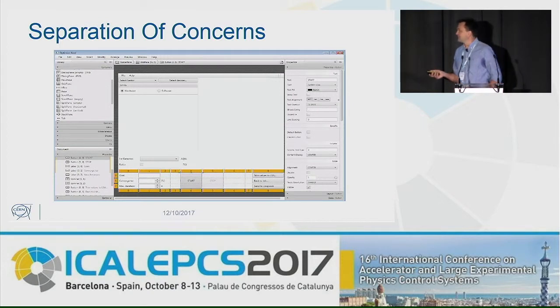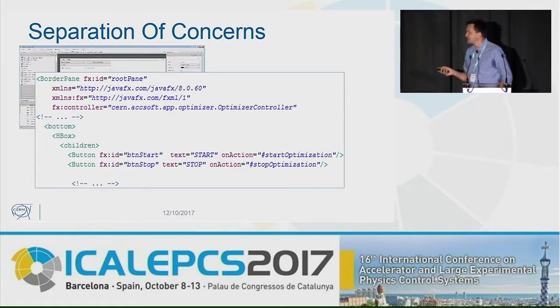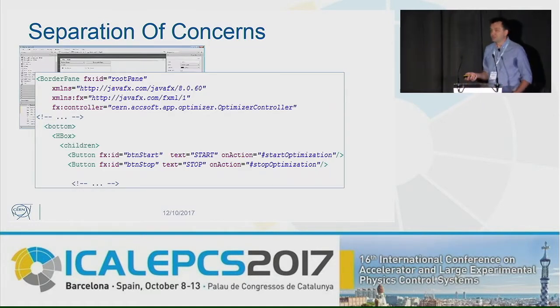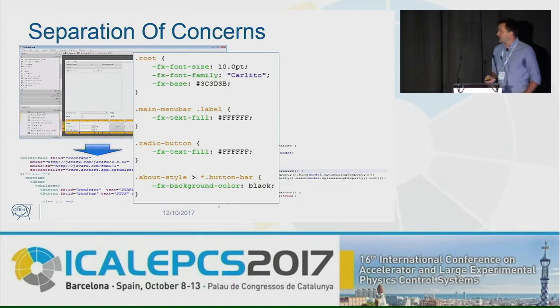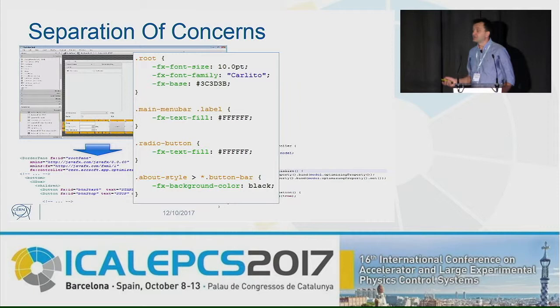The layout is designed with a graphical tool called Scene Builder, and then the result is saved in an fxml file, which is just a dedicated XML format. Every fxml can have its own associated controller, which is simply a Java class where you put the logic. And the visual aspects, like colors, fonts, etc., you describe using a CSS format.